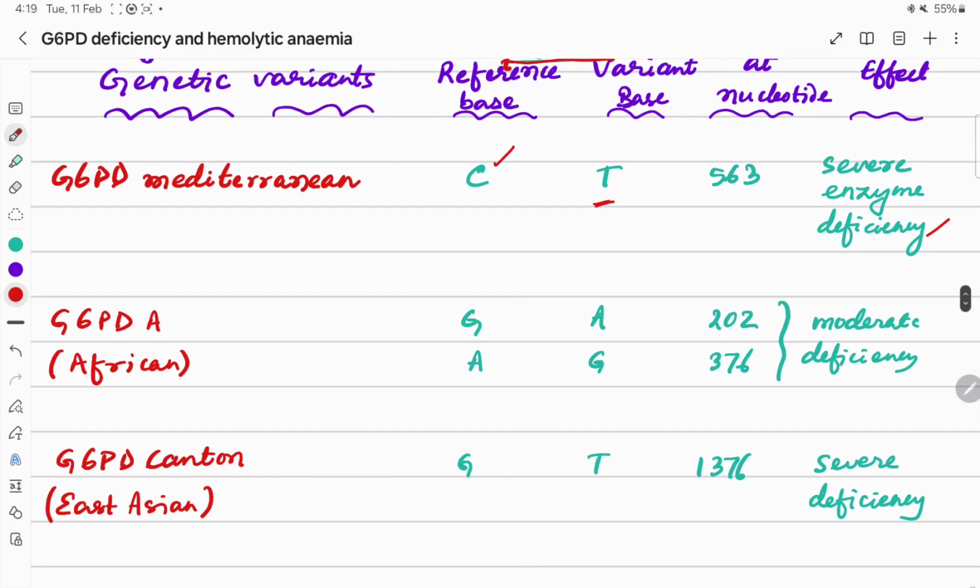Similarly, G6PD African shows two types of single nucleotide polymorphism, one at nucleotide 202 where G is replaced by A, and at nucleotide 376 where A is replaced by G, adenine is replaced by guanine, and this causes moderate deficiency in G6PD.